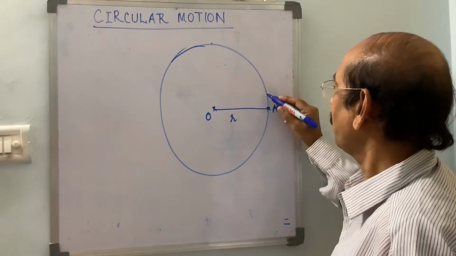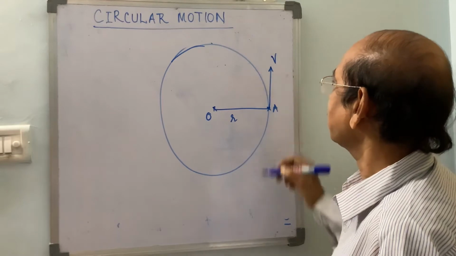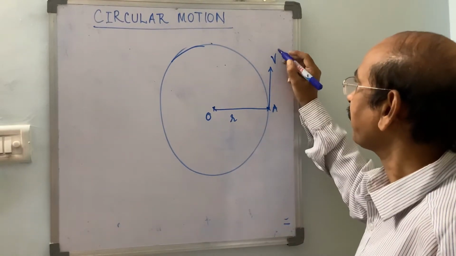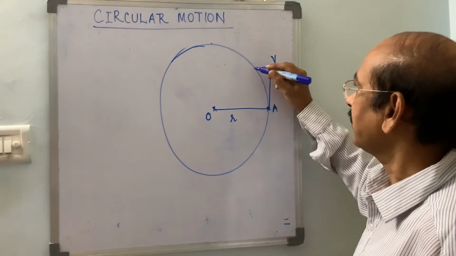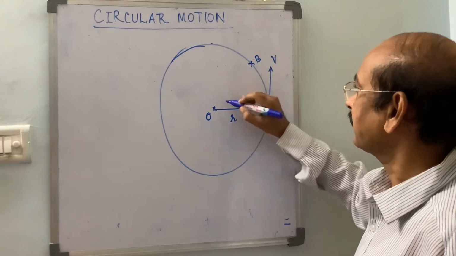So let the body be moving along the circumference of the circle with uniform speed v. Let it reach the point B in time interval t.